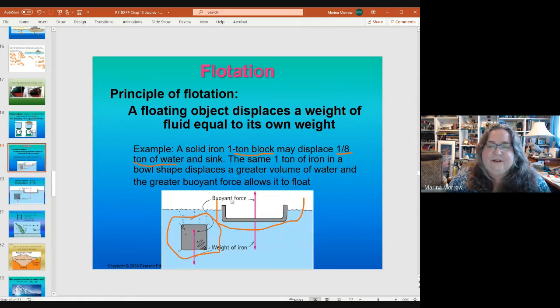But you could spread that iron out into a bowl, and if it can displace more than 1 ton of water, then it can float. The density of water is only 1. The density of iron is 8. So you need to spread this out to at least 8 times as much as the block so that it can float.